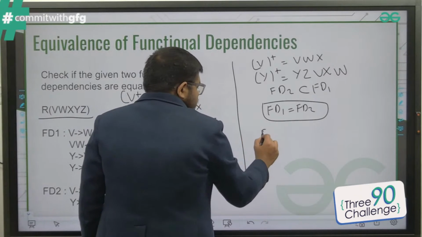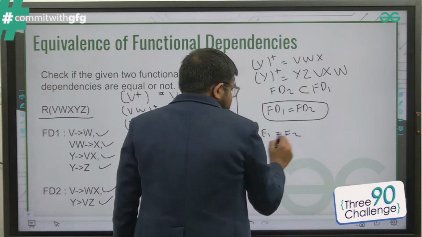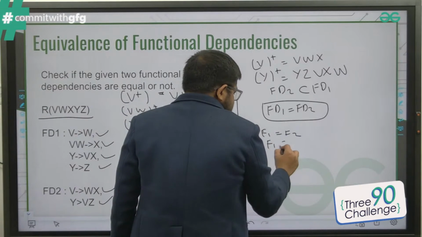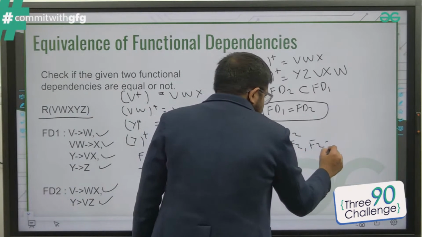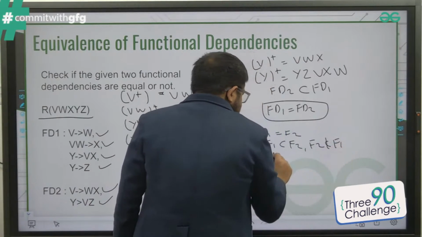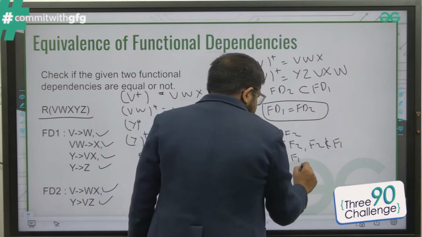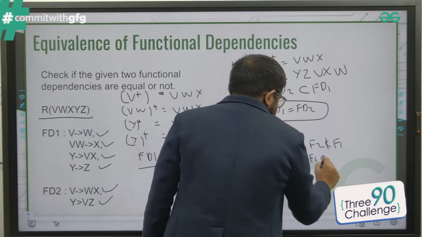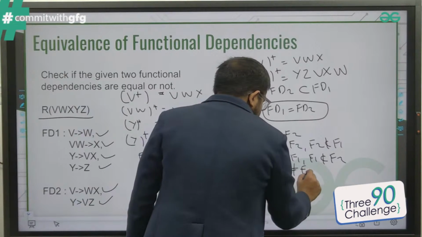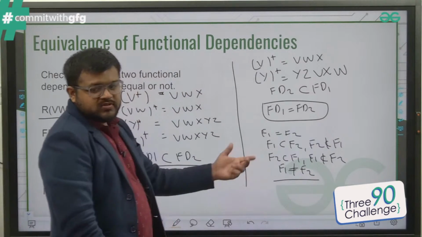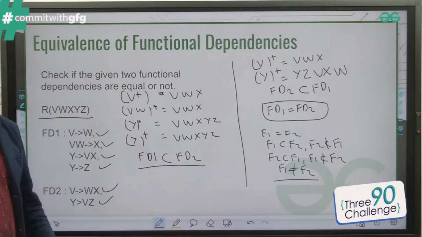One is functional dependency set 1 is the same as set 2. Another is set 1 is a subset of set 2 and set 2 is not a subset of set 1, or set 2 is a subset of set 1 and set 1 is not a subset of set 2, and the fourth one is they are not equal. These four possibilities can be there, and here it will be this. Clear this?